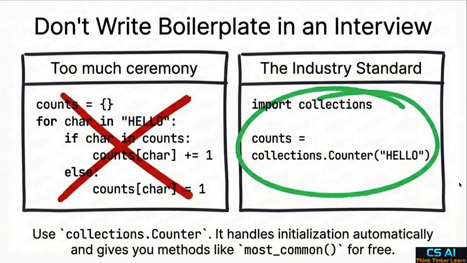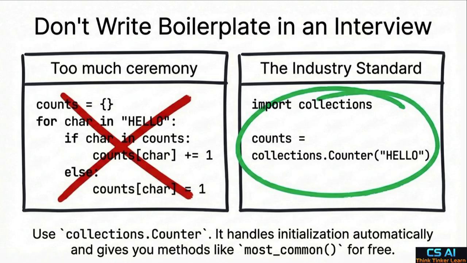This is a pro tip for your actual interview. Don't waste time writing boilerplate code. On the left, we see the too-much-ceremony approach. You're manually checking if a character is in the dictionary, then incrementing or initializing. It's noisy, error prone, and slow to type while you are under pressure.